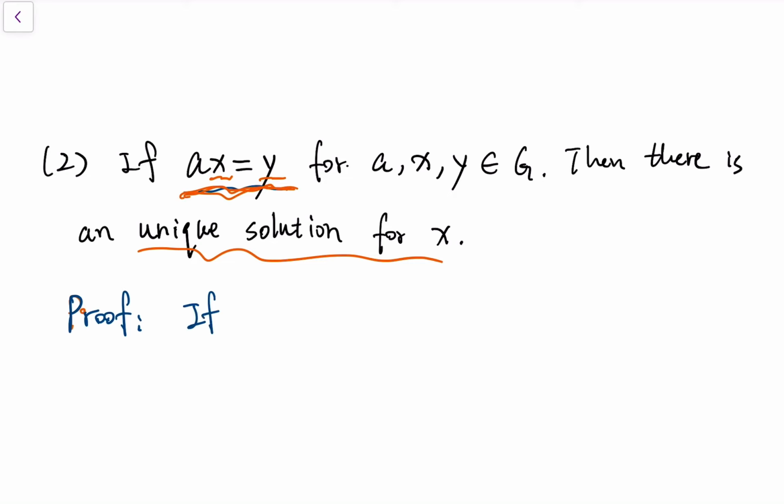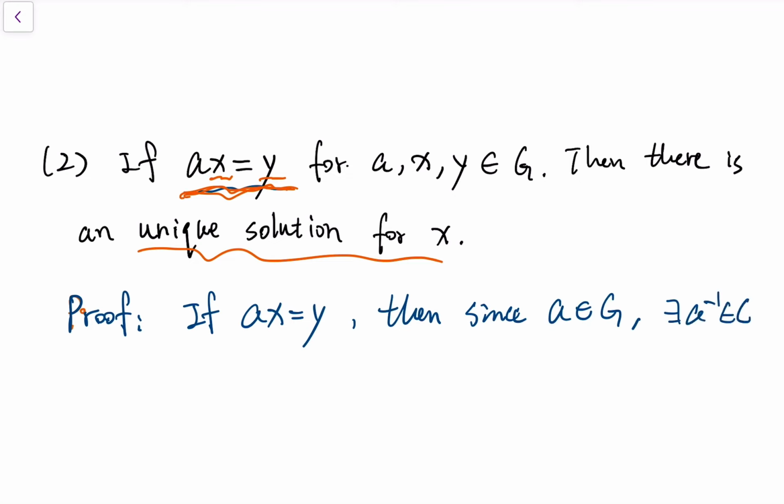If ax equals y, then since a is an element of G, we have A inverse in G as well, just as we showed above in the cancellation law.